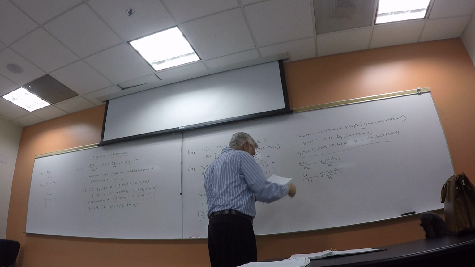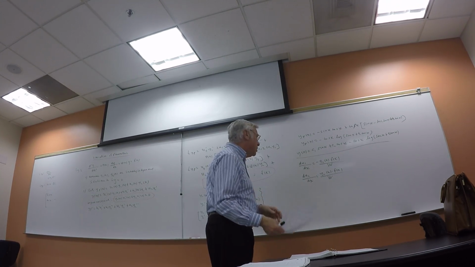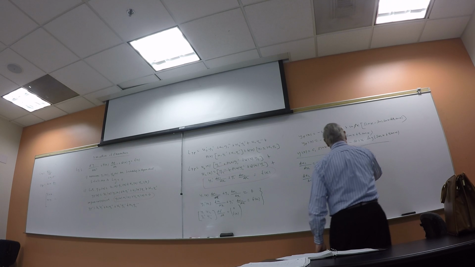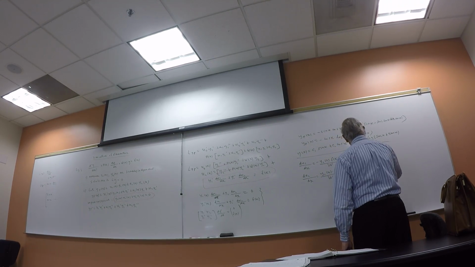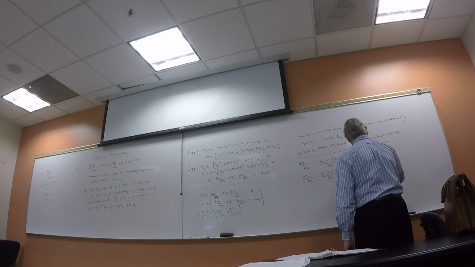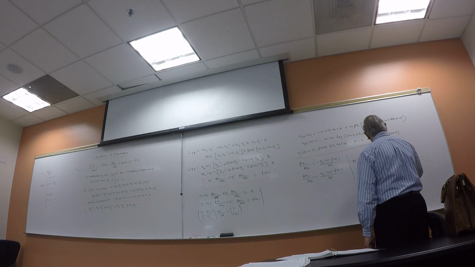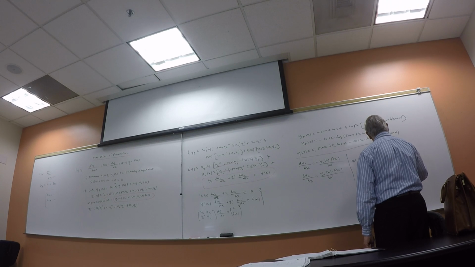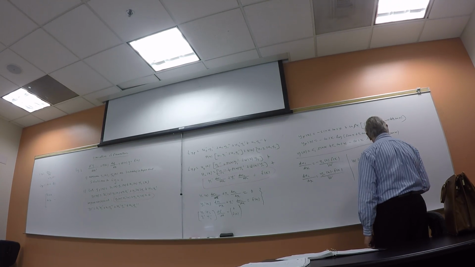Don't forget that minus sign for the first one. And u2 prime equals y1 f over the Wronskian, where W is just this determinant: y1, y2, y1 prime, y2 prime. Again, for those who don't have linear algebra, it's y1 y2 prime minus y2 y1 prime.